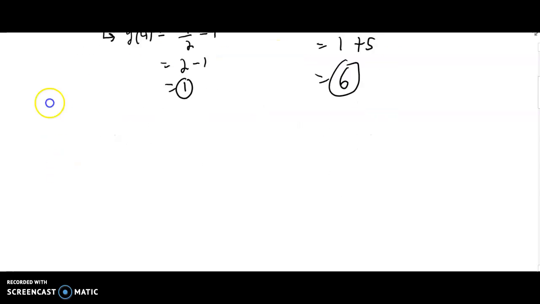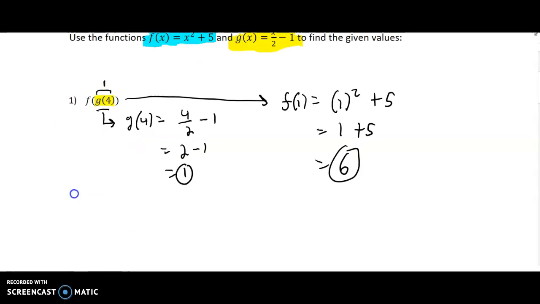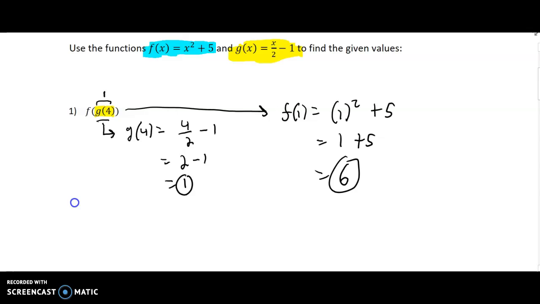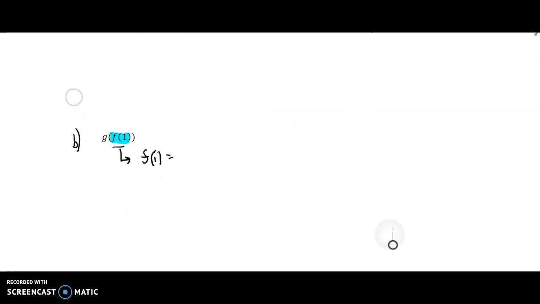Let's try another one. Okay, now for part B, we want g of f of 1. F of 1 is the interior, so we're going to do that one first. We just did f of 1, actually, so that works out nice.